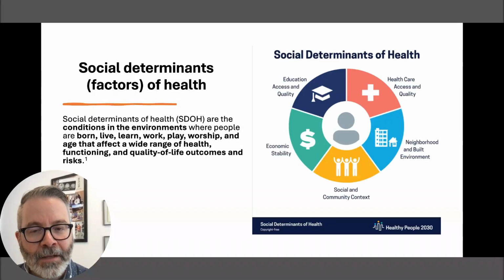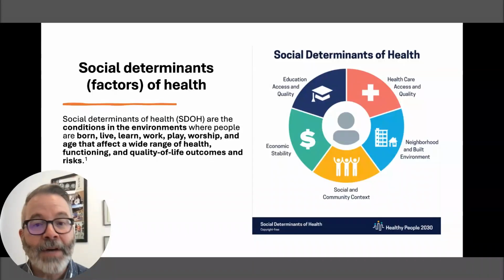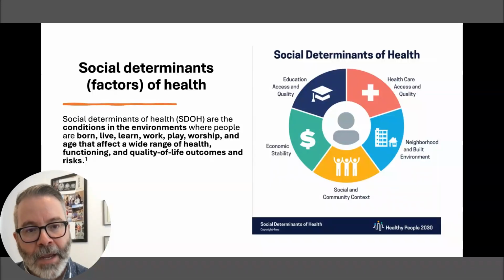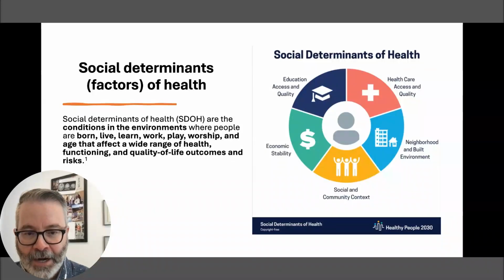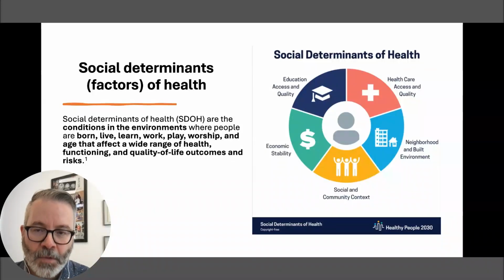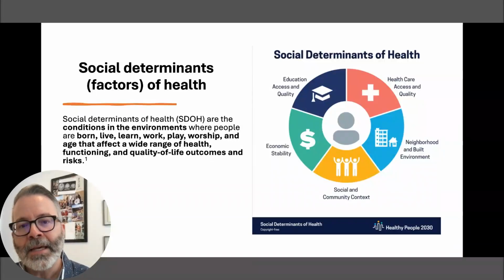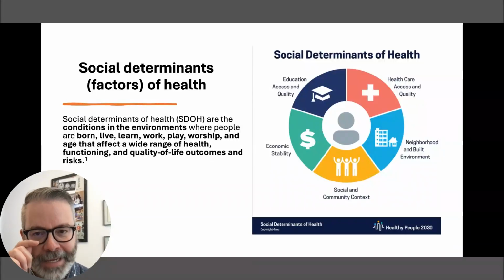Social determinants of health are typically divided into five domains: education access and quality, healthcare access and quality, neighborhood and built physical environment, social and community context, and lastly, the economic stability domain.